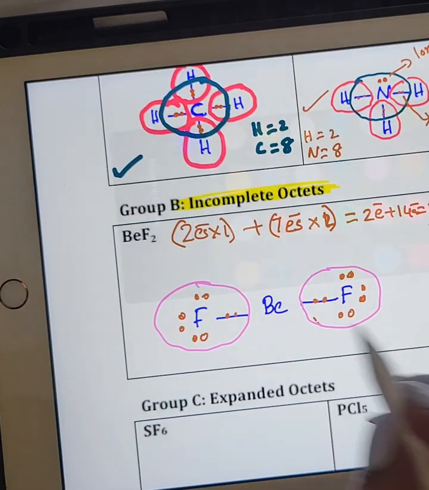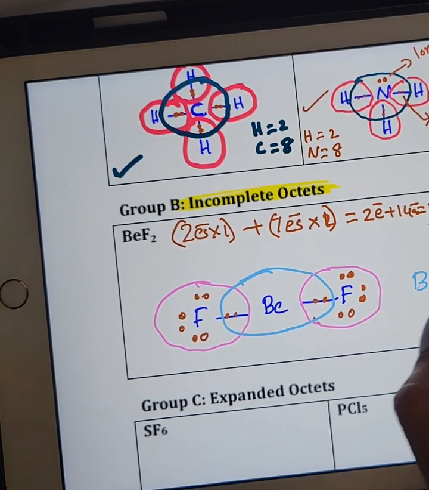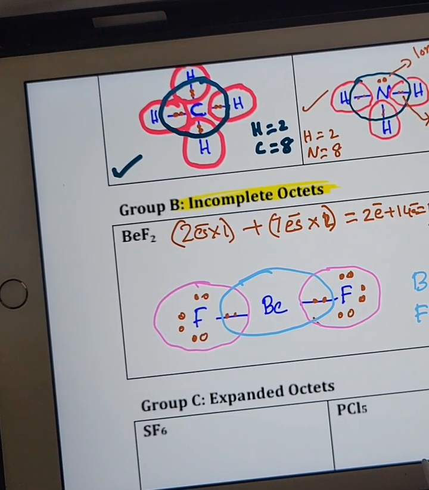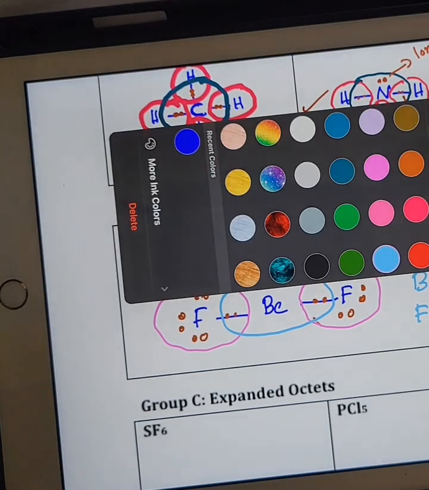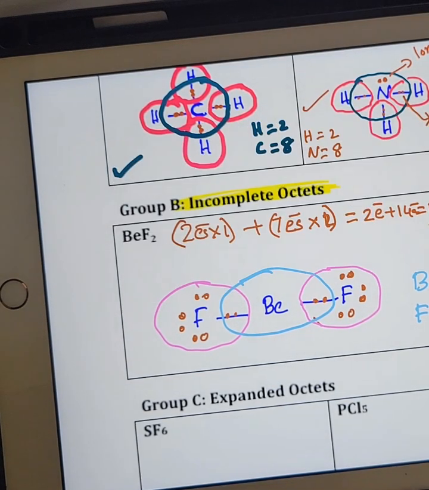Now check beryllium. How many does it have? Beryllium has only 4 electrons. Fluorine has how many? 8 electrons. Okay. So don't draw a double bond, but think about the exception. What was the exception?